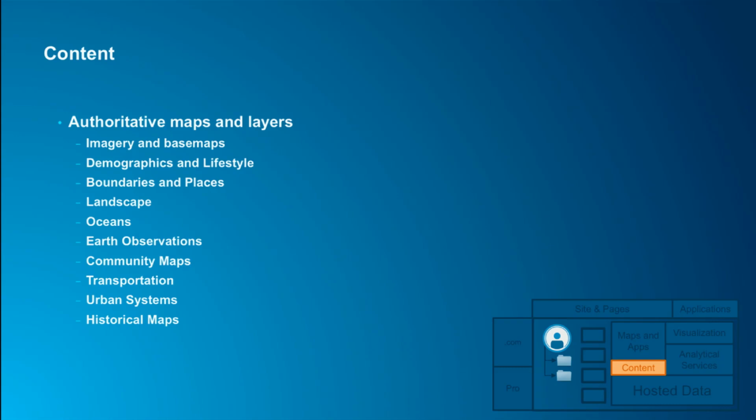So it's information that you can use, including street maps and imagery. Of course, things like boundaries and places, landscape, oceans, and urban systems, transportation on top of that, as well as historical maps. So there's thousands of these available to you in terms of starting to build that base layer or whatever maps you want to put onto your content or into your application.